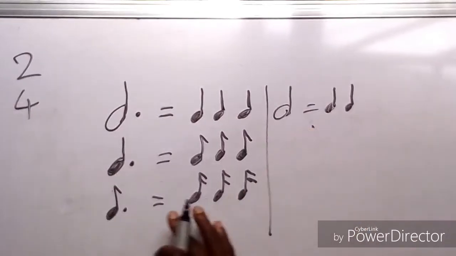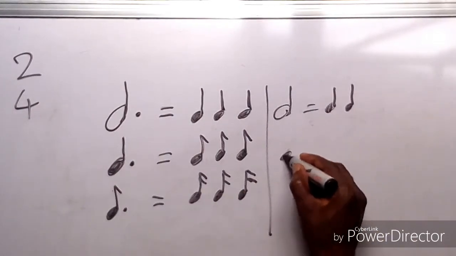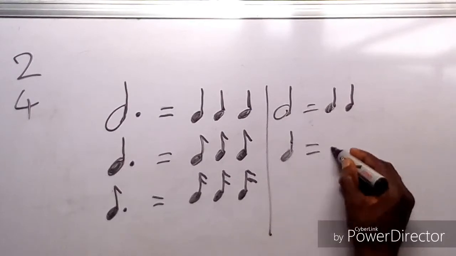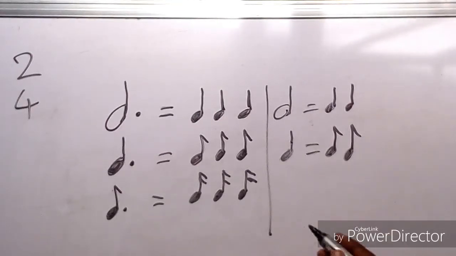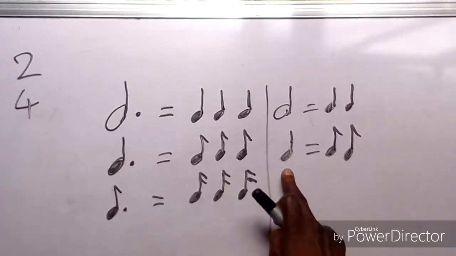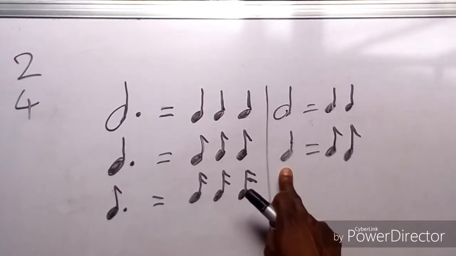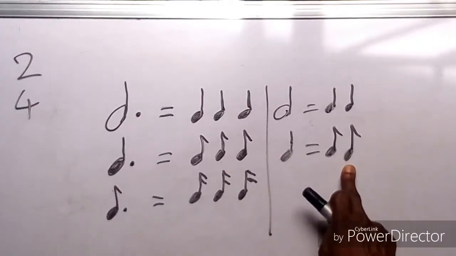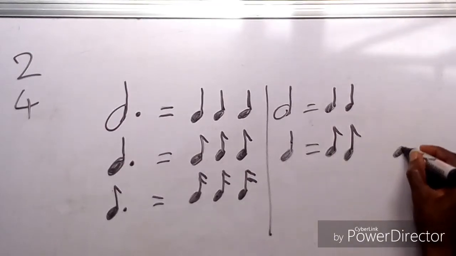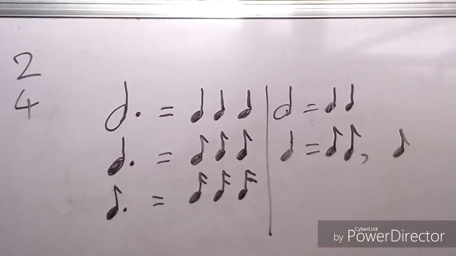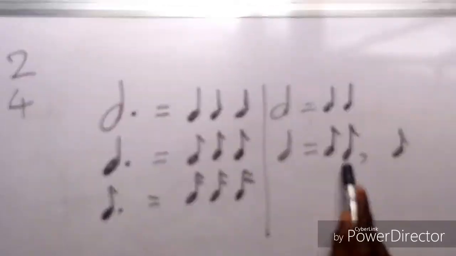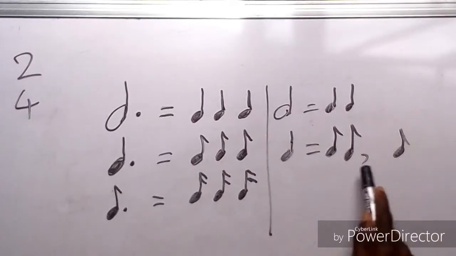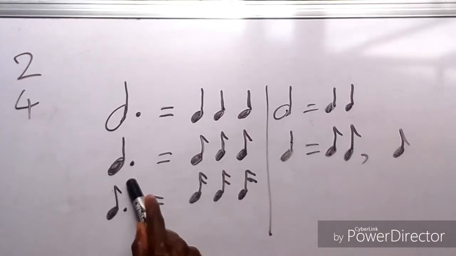Now let's look at a crotchet. A crotchet ordinarily is equal to 2 quavers. So a dotted crotchet means 1 crotchet plus half its value. 1 crotchet is equal to 2 quavers. Half a crotchet is equal to what? A quaver. So a dotted crotchet becomes 1 crotchet, which is 2 quavers, plus half a crotchet, which is another quaver, which gives us 3 quavers in a dotted crotchet.